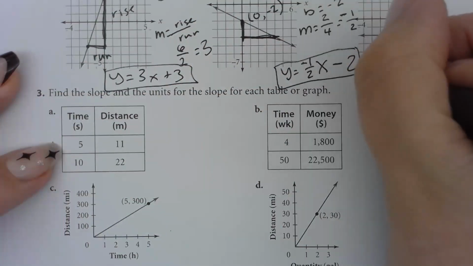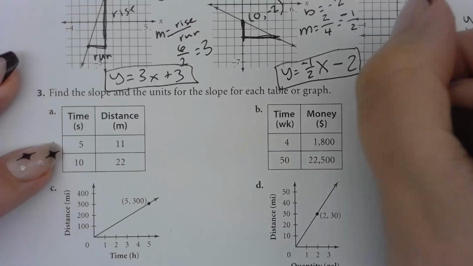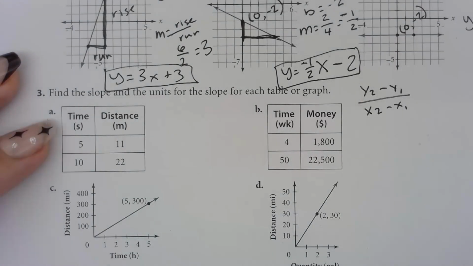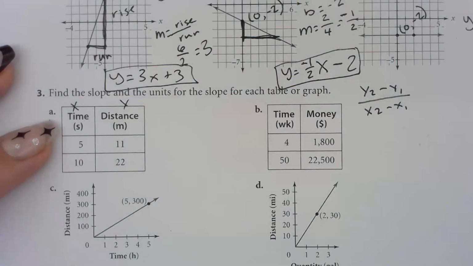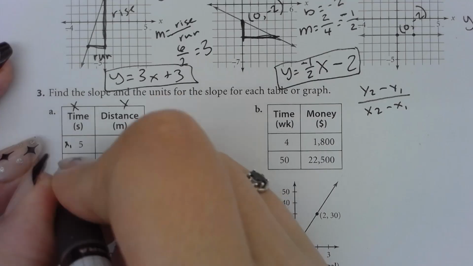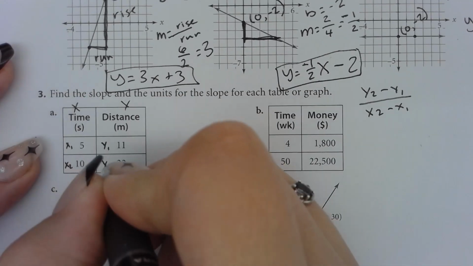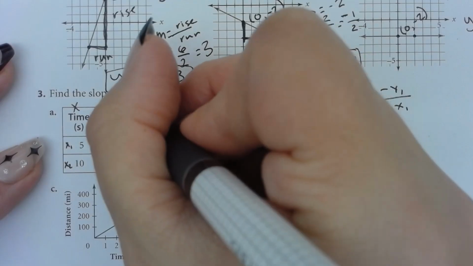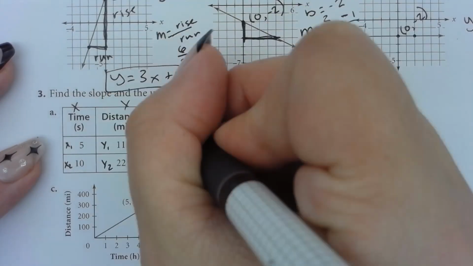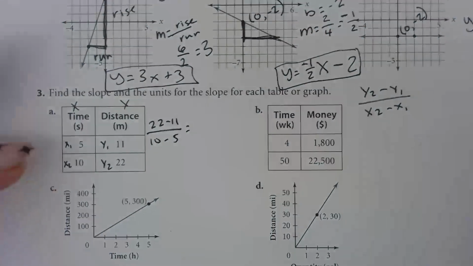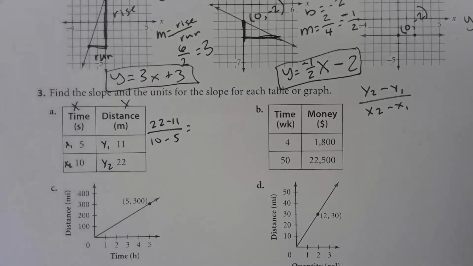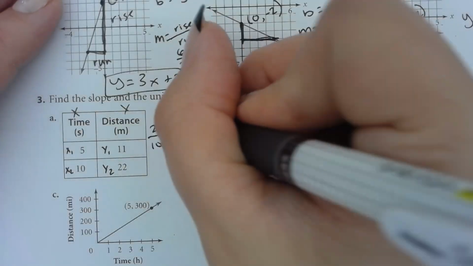We're going to be using y2 minus y1 over x2 minus x1, where our x's and y's are labeled 1 and 2. We get 22 minus 11 over 10 minus 5. What's 22 minus 11? And 10 minus 5?